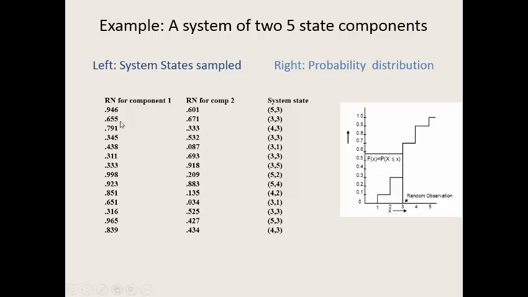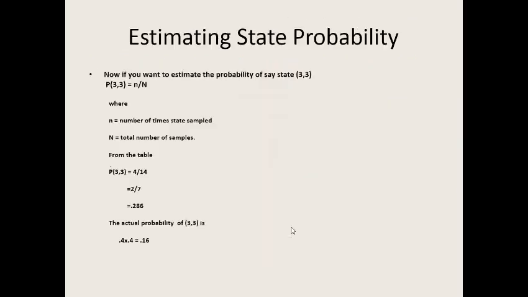Then again, you keep on going and draw a random number for each one of the components and get the system state from the component states. Now, supposing you have done that and you want to find out the probability of the system state in which both the components are in state number 3.